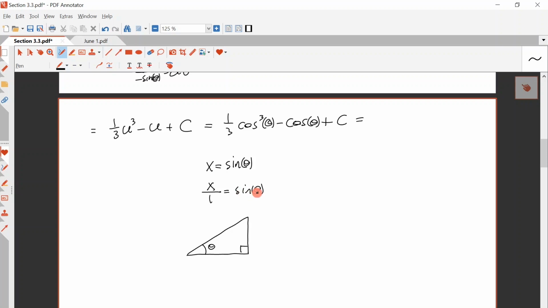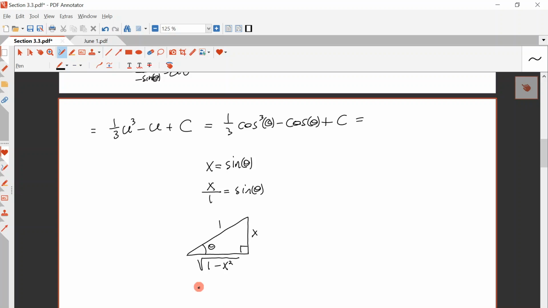The sine of theta is the length of the opposite side over the hypotenuse. So this is x and this is 1. So this side right here is going to be equal to what? Well, using the Pythagorean theorem, it's the square root of the hypotenuse squared minus x squared. So it's the square root of 1 minus x squared.